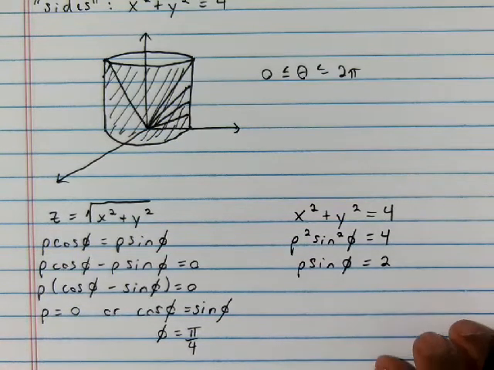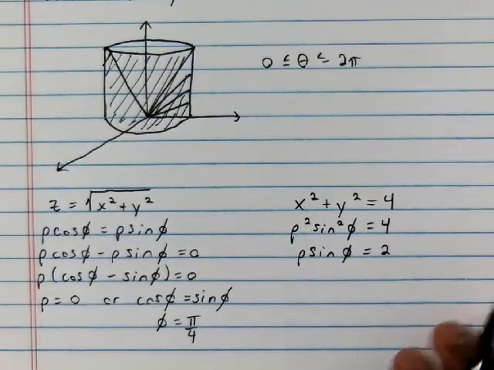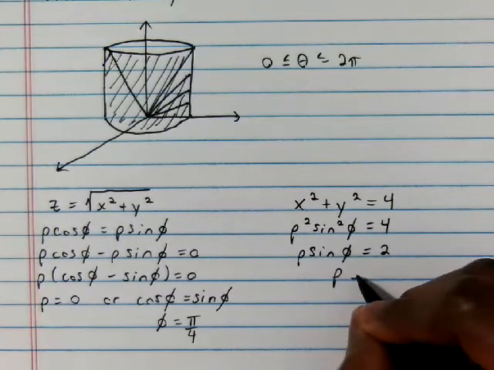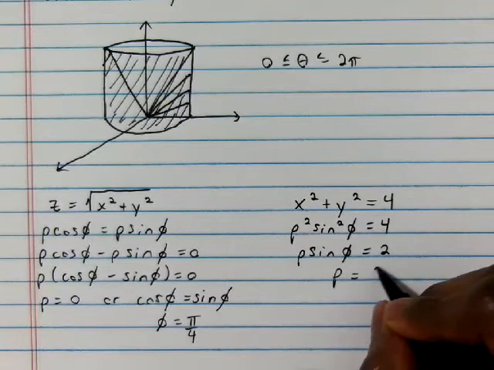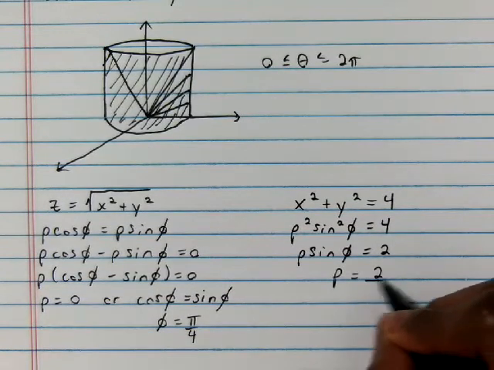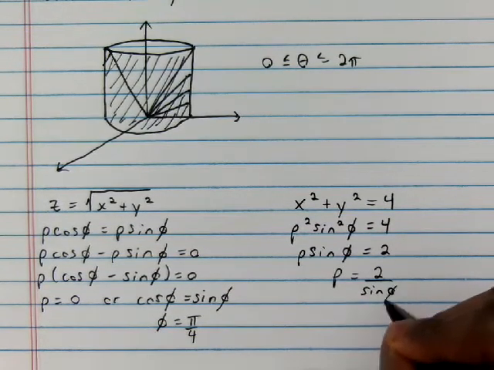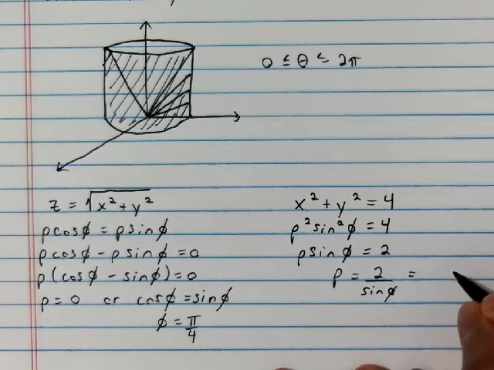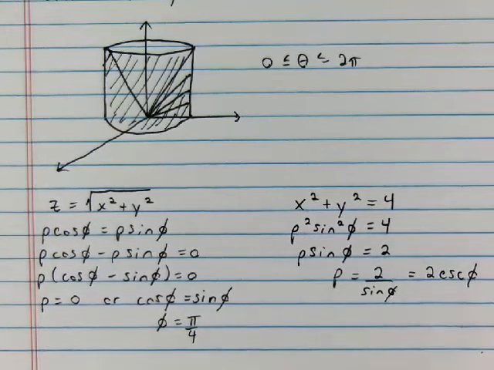All right, so now remember we're looking for rho because we already figured out information about phi. So we solve this for rho, and we get rho equals 2 over sine phi, and 1 over sine is the same as cosecant, so this equals 2 times cosecant of phi.